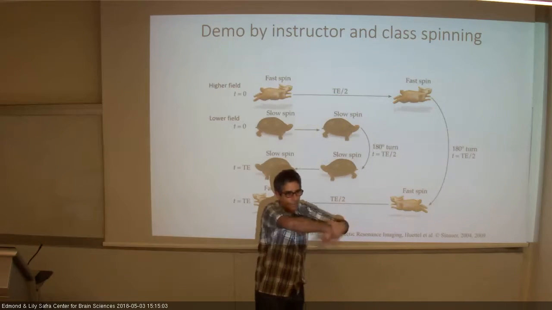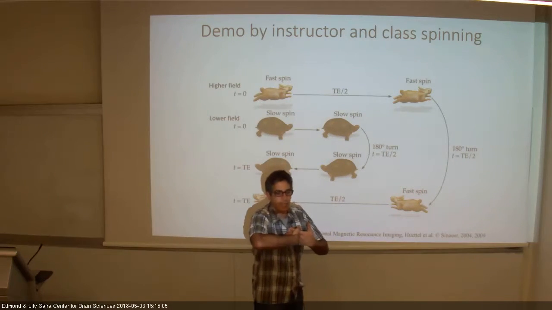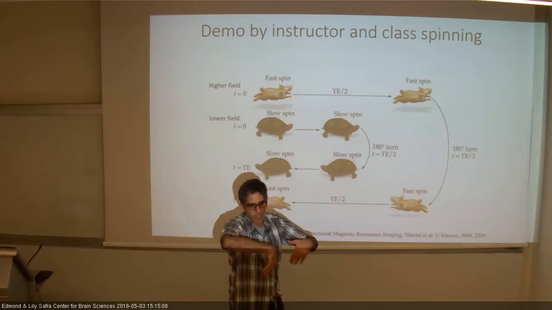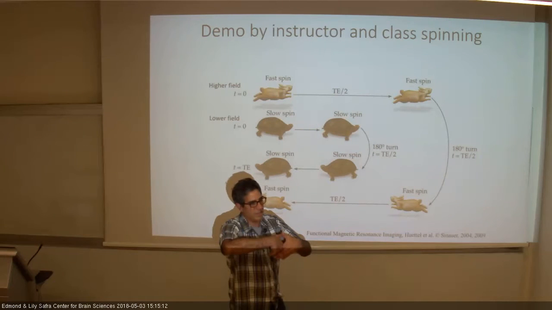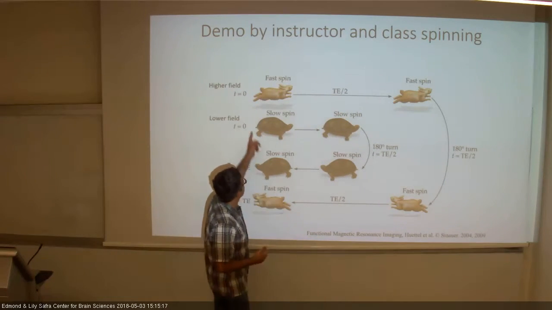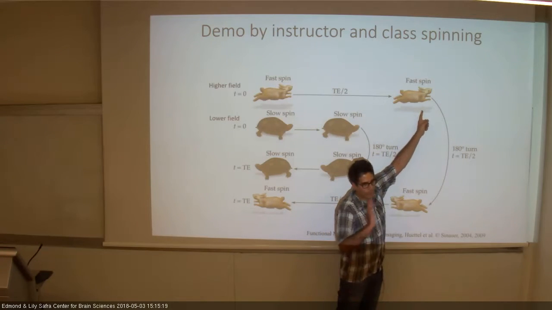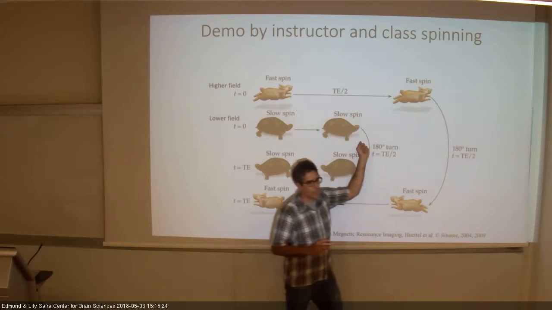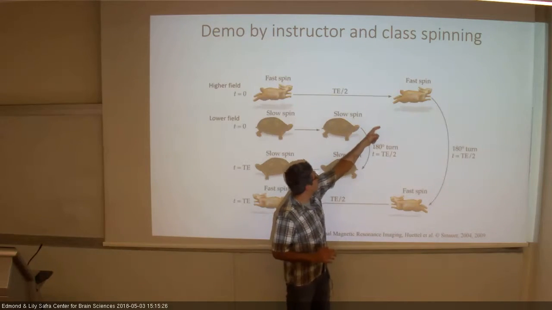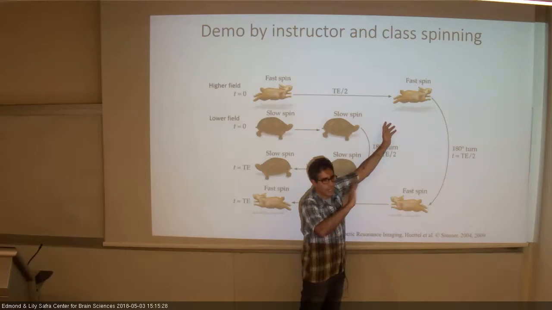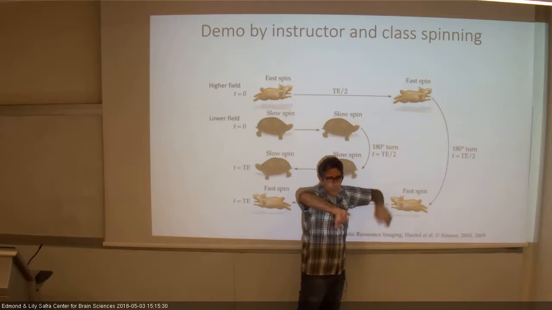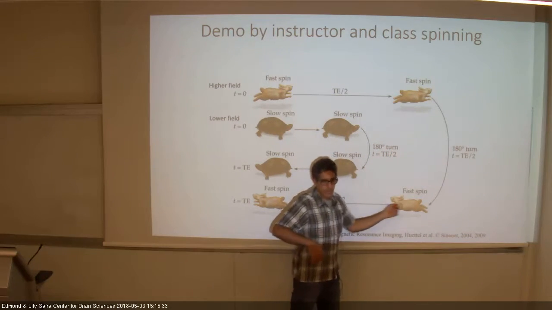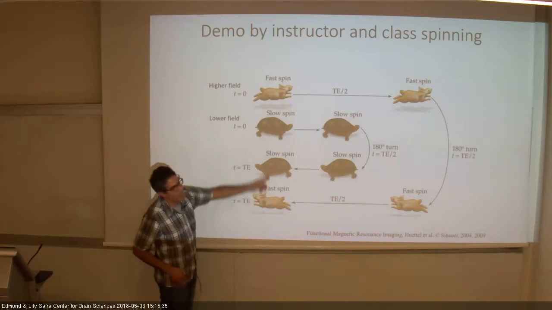They were at 90, he flipped them to minus 90. So now they're going to dephase again, but in the opposite direction. So there will again be a moment in which they are in phase. Those ones went far, they're on a slightly faster frequency. Those ones have a slower frequency. They're out of phase now. But as you do this 180, you can say to them, go back, start to dephase in the other direction. There will be a moment in which they line up again, and we're going to see an echo.